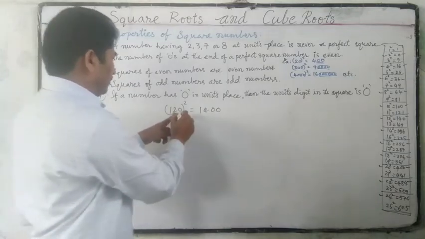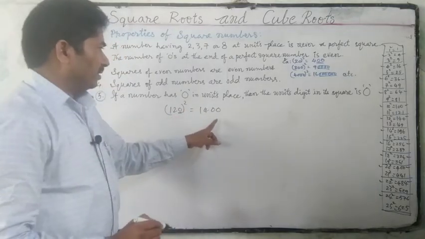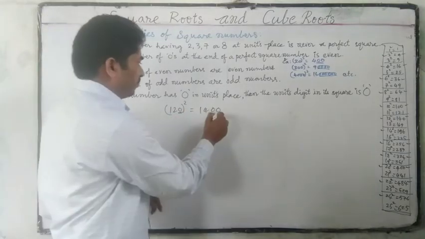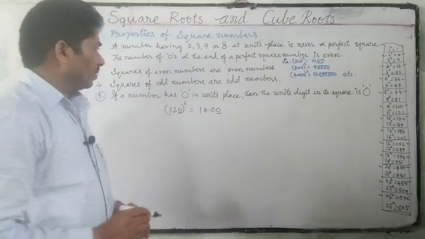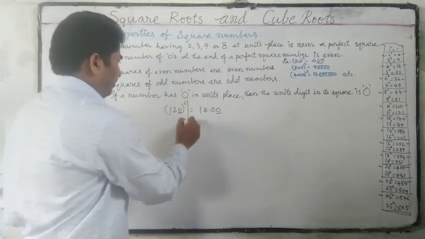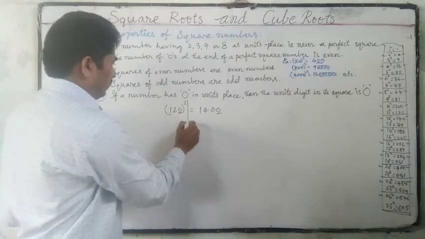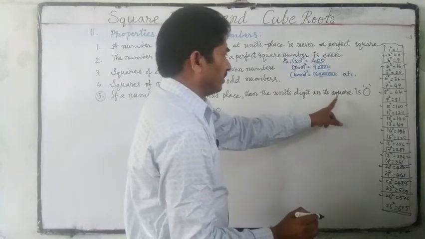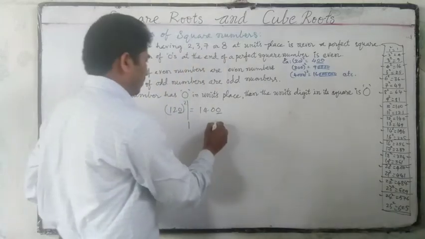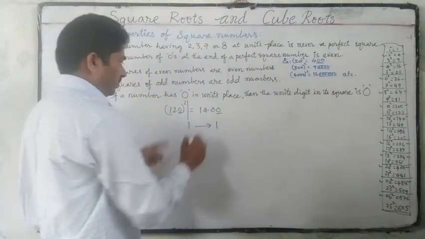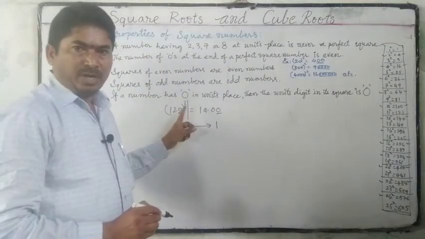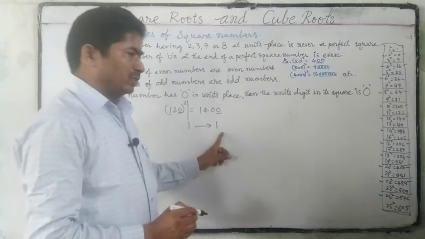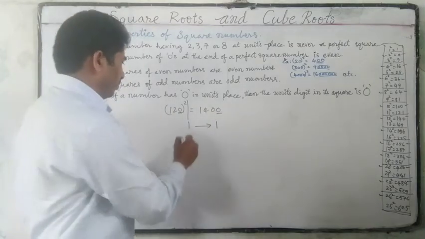So if units place is 0, then the square number also has 0. If a number has 1 in units place, then the units digit in its square is 1 only. If there is a 1 in a number, in the square also 1 will come.